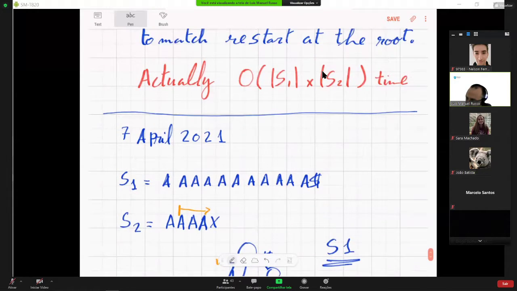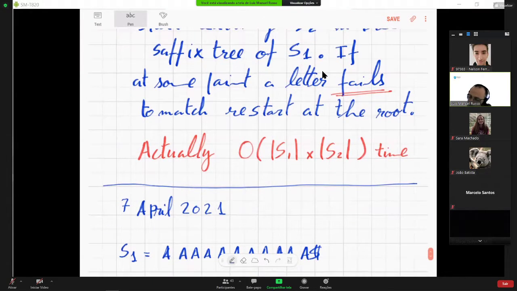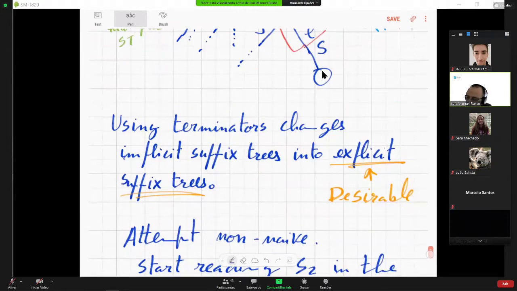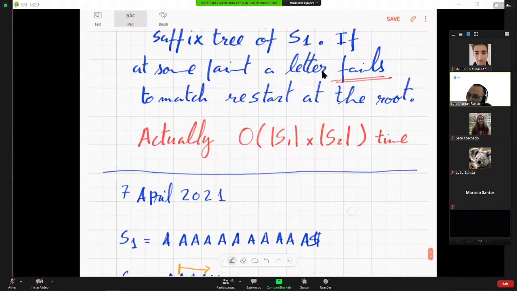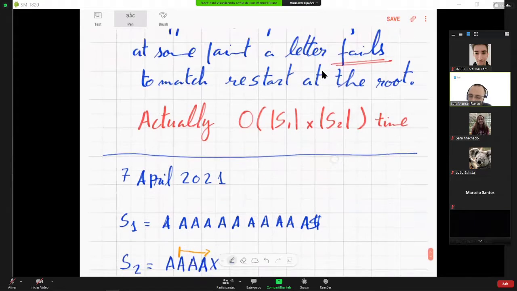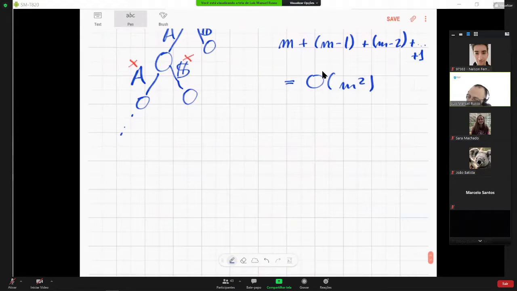So actually here I was being a bit too pessimistic. But this pessimism is okay because I actually didn't say which one of the two was the largest one. So that's okay. So here we've got O of M squared time, right?